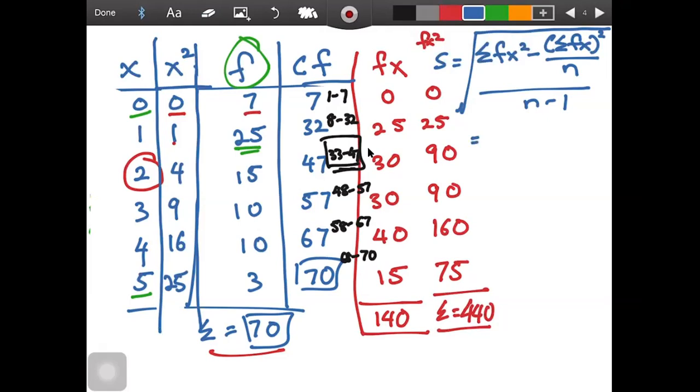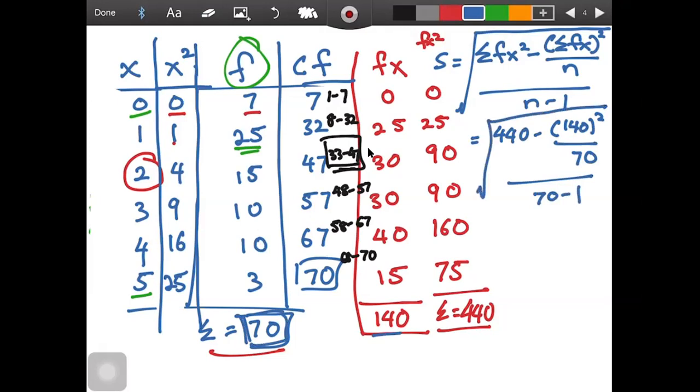So it equals 440 minus, in bracket, 140 squared, since we already calculated this 140, and n is our total frequency, 70, divided by 70 minus 1, square root. So 140 squared is 19,600, divided by 70, so 280.